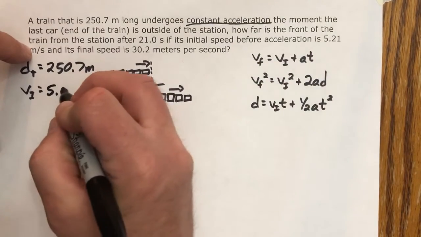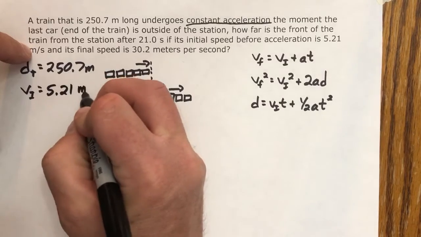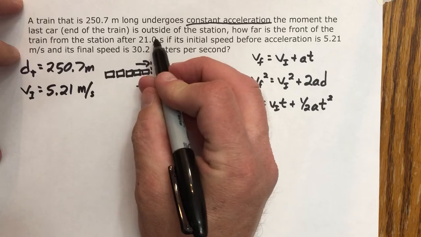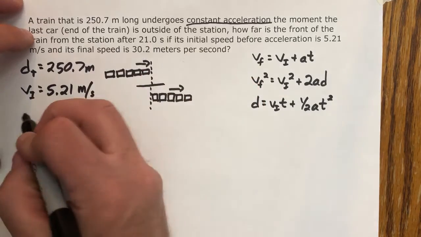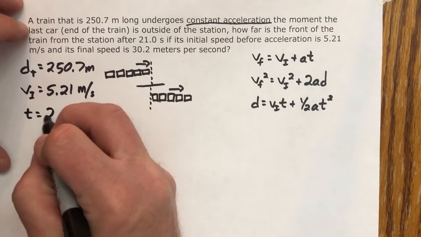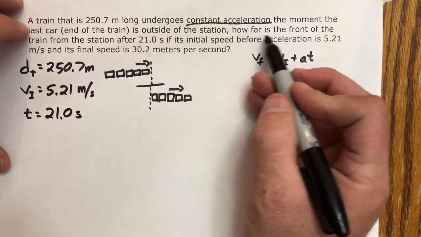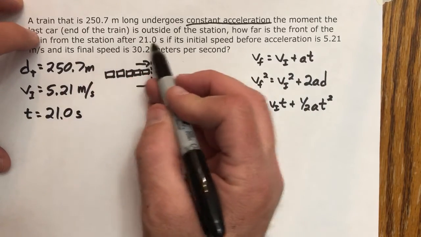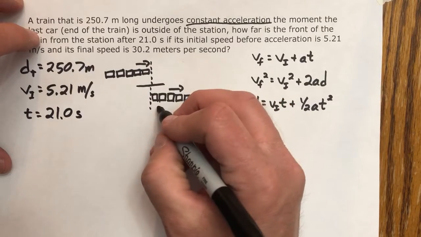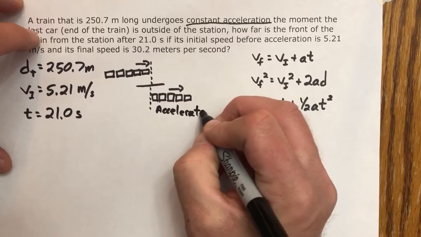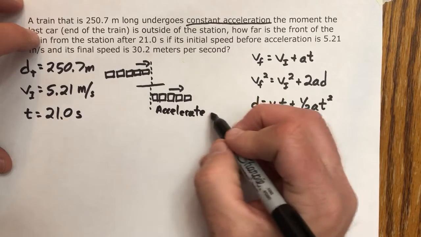So the initial velocity is 5.21 meters per second. And it takes 21 seconds to accelerate, so the time is 21 seconds, because it says, how far is the front of the train from the station after 21 seconds? So it starts to accelerate here. That's where it begins acceleration.